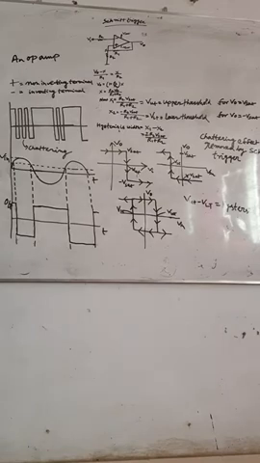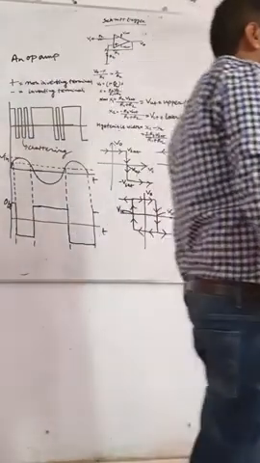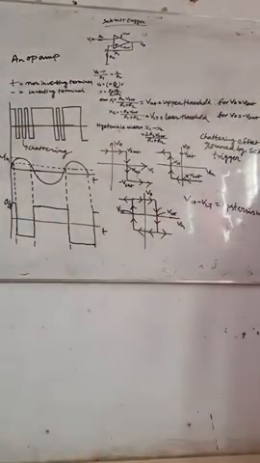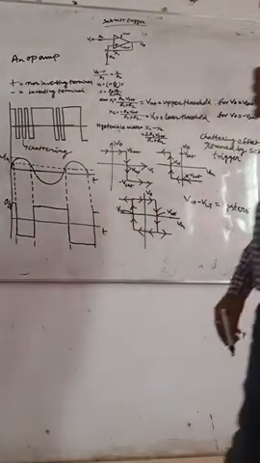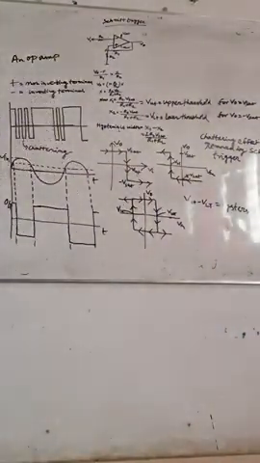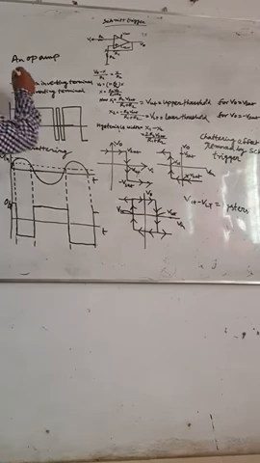Whatever you give at the input, you will get the same type of output at the output terminal. That's why the positive terminal is known as the non-inverting terminal and the negative terminal is known as the inverting terminal.